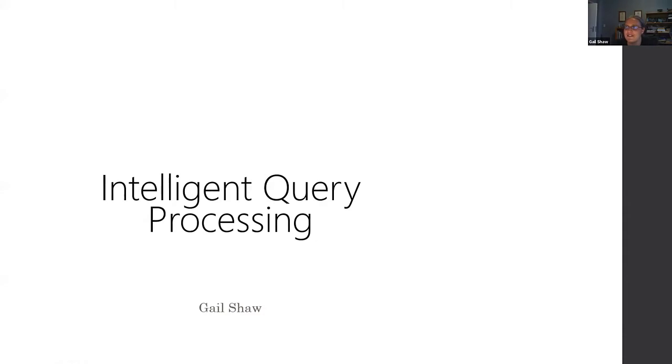Time flies these days. It was originally called adaptive query processing, but was quickly changed to intelligent query processing. This is the ability of the query processor, in some cases the query optimizer, to identify particularly problematic portions of queries and to treat them specially.